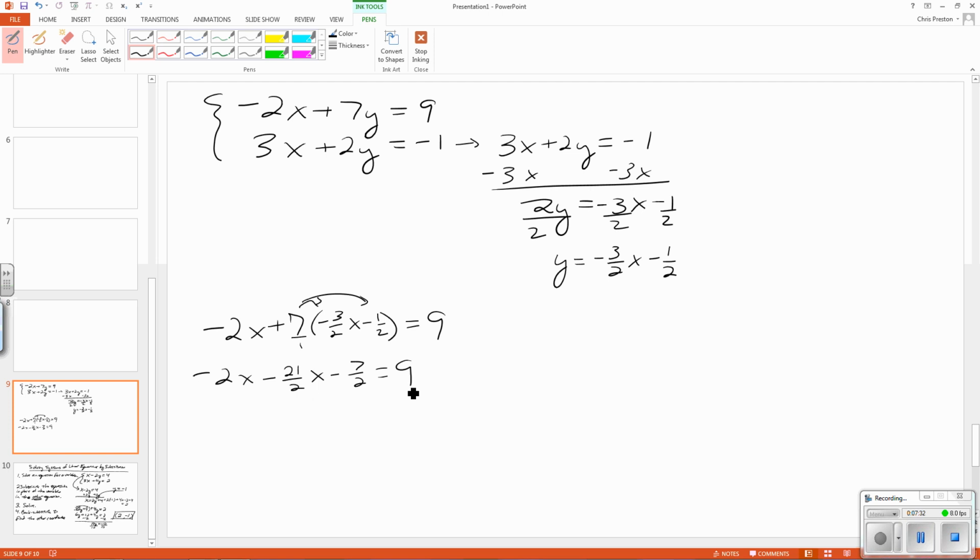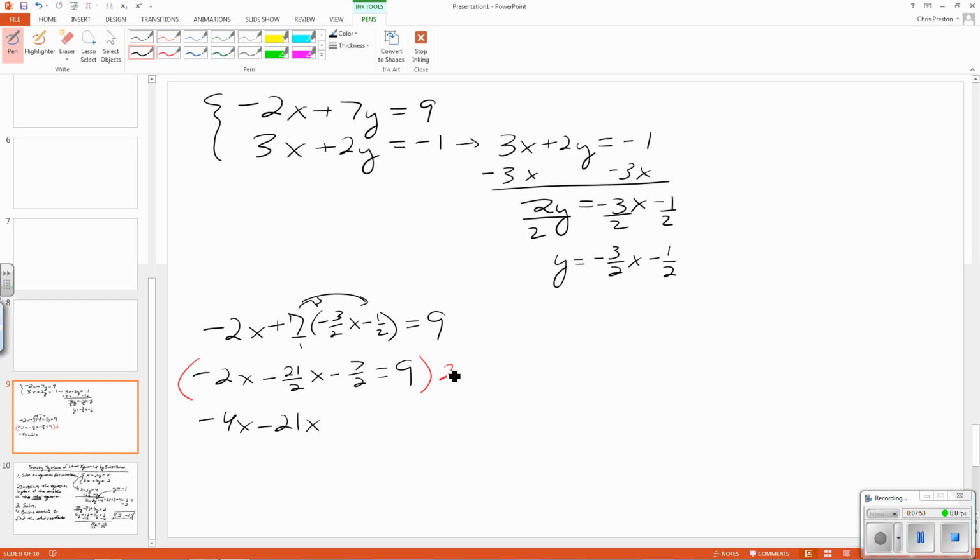If you don't want to work in halves, you can always, if you wish, just multiply everybody by 2, the least common denominator. So negative 2x times 2 is negative 4x. Negative 21/2 x times 2, the 2's cancel out, so you get negative 21x.